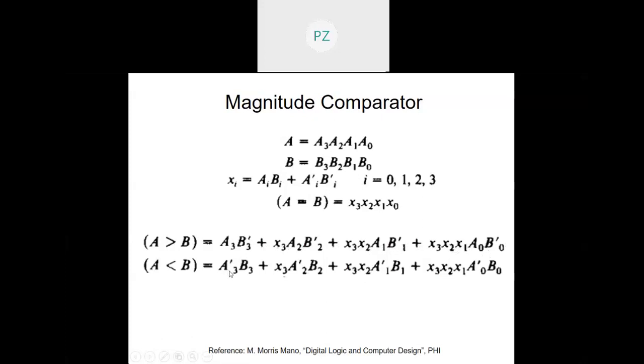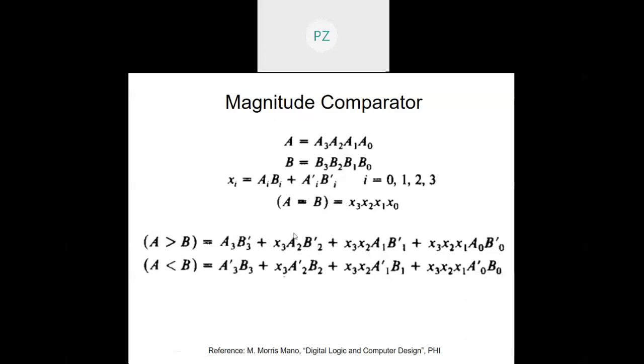And for A less than B it will be A4 dash B4, or x4 A3 dash B3, or x4 x3 A2 dash B2, or x4 x3 x2 A1 dash B1, or x4 x3 x2 x1 A0 dash B0. So this design will go on continuing until you've got all of them covered.